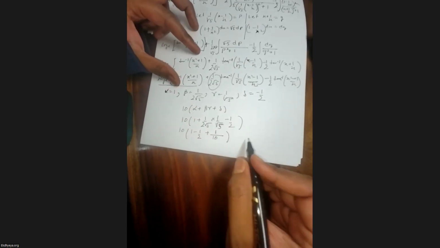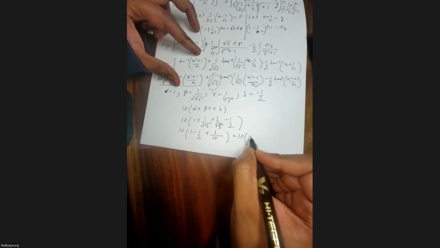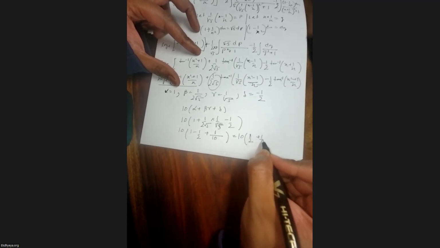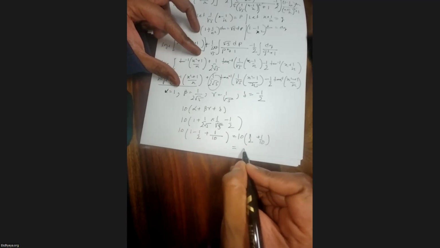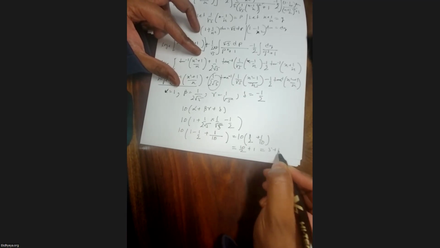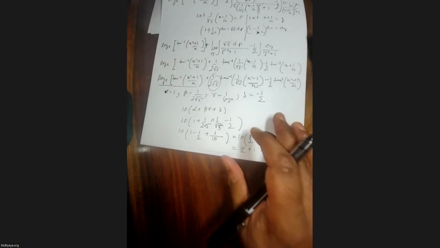So our answer becomes 10 into (1 by 2 plus 1 by 10). It becomes 10 by 2 plus 1. It becomes 5 plus 1, 6. So the final answer to the question is 6.